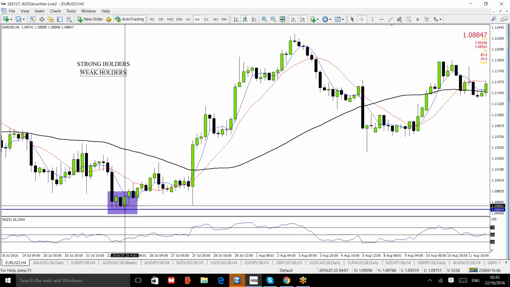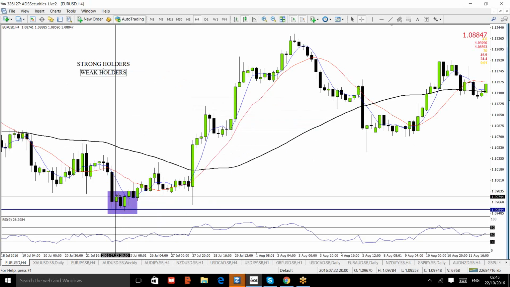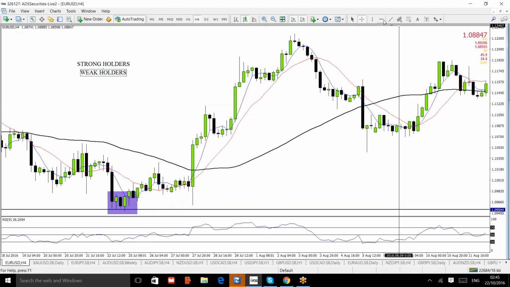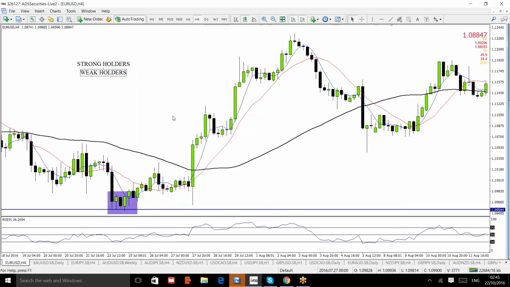Strong holders controlling. Who is controlling this? Institutional buyers controlling this. There are no institutional buyers, guys. Remember what I said, point of reaction. Institutions react to a certain point, a big reaction. That is what we want to see, a big reaction in the candle.